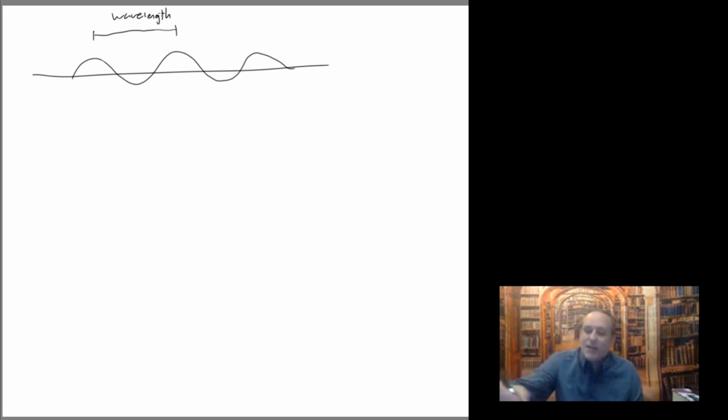And for this wavelength, we use the Greek letter lambda. It looks like a lowercase letter y that's been turned upside down. We can measure it from peak to peak, or from trough to trough. The bottom of a wave is called a trough.